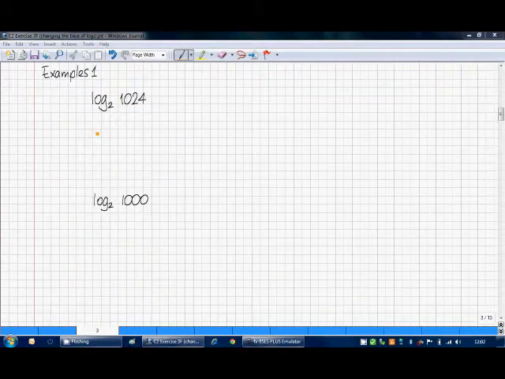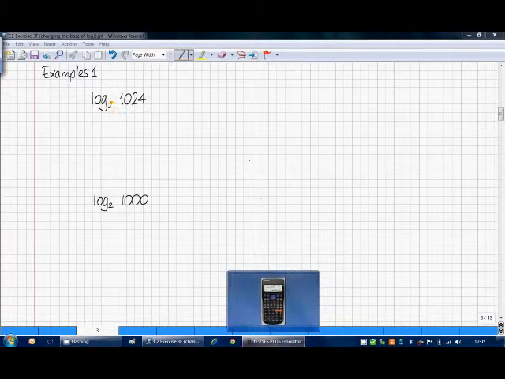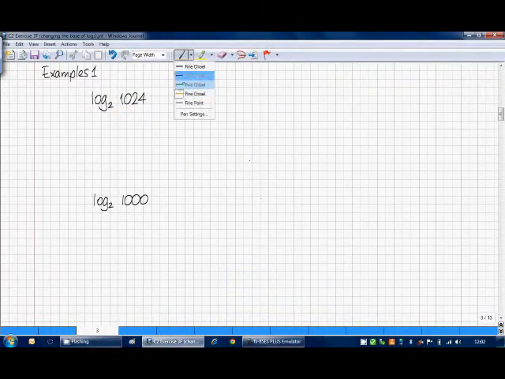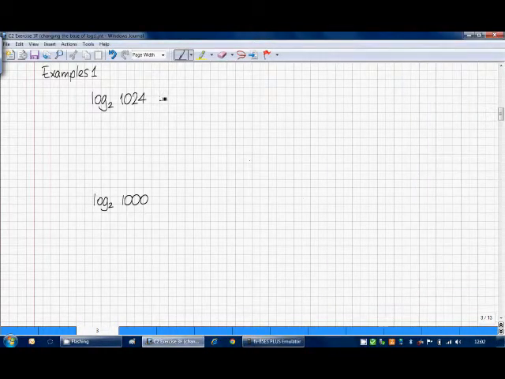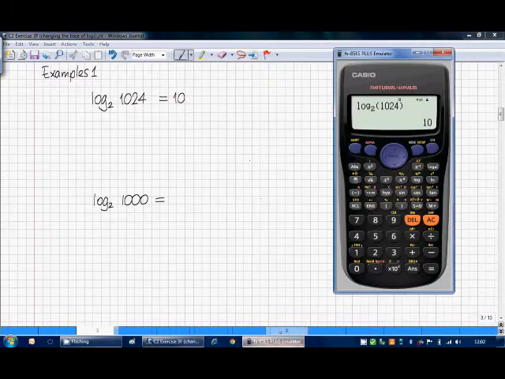Okay, so let's see that in action then. So we want to calculate log base 2 of 1024, and a moment ago we did that on the calculator. We even worked out that we knew what that was already. So log base 2 of 1024 came out to be 10, because we know that 2 to the power 10 is 1024, and we worked out log base 2 of 1000.